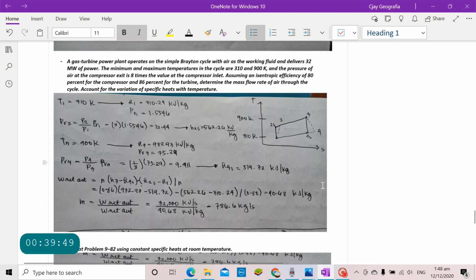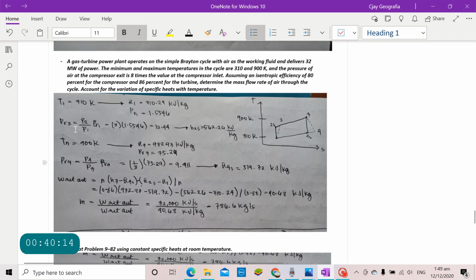So first, you have to solve for T1 so that we can know the values of H1 and Pr1, and we can find them by using the ideal gas properties of air. Next is to solve for Pr2.